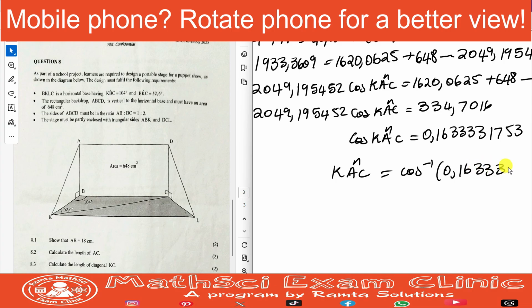Guys, even if you write 3, 4 to 5 decimal places would do. Cos inverse of, in my calculator, I'm going to say inverse of answer. Therefore, KAC is equal to 80,60 seconds.